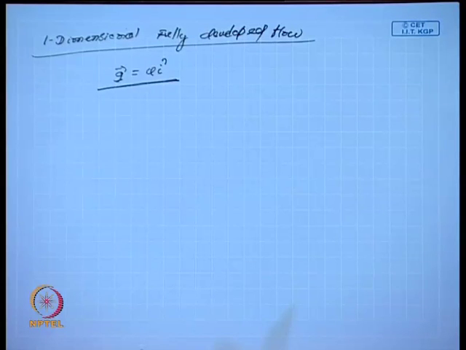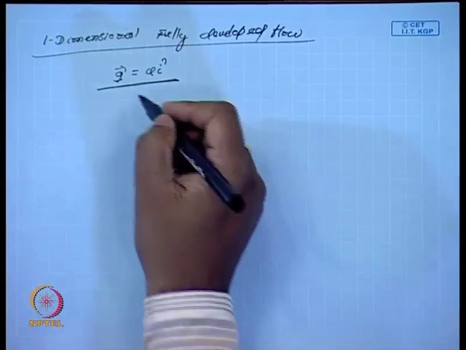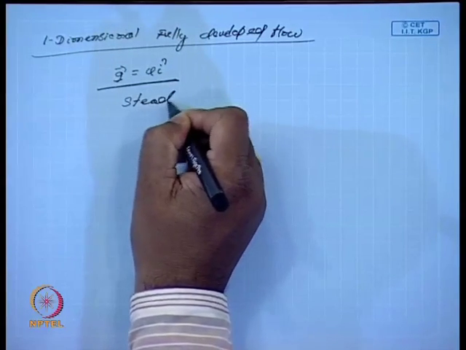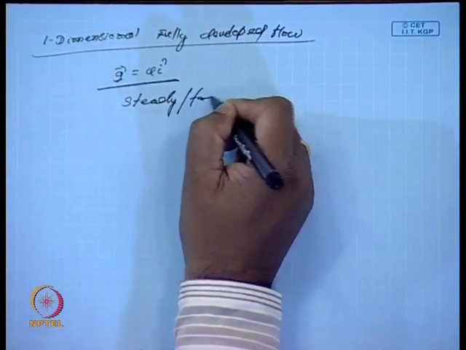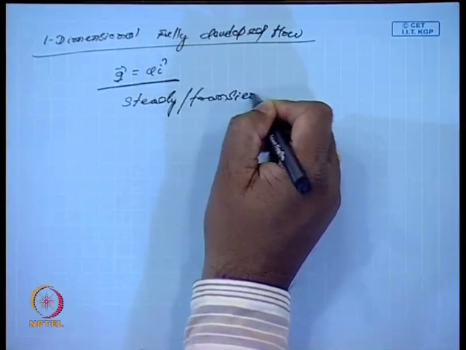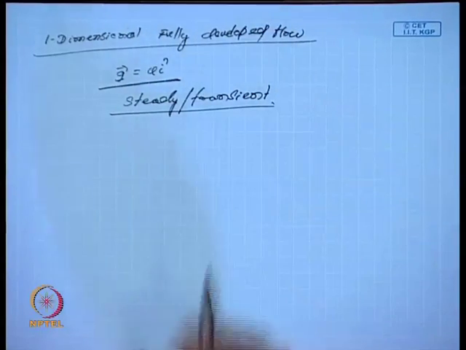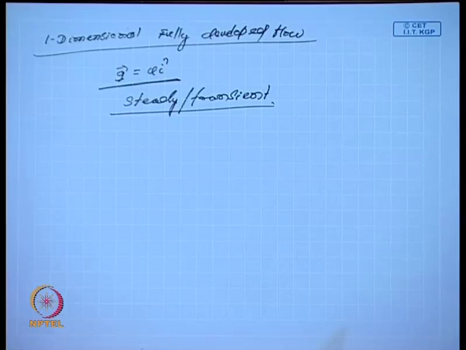And there are other flows, some of the cases where we may look into problems where the inertia terms may be retained. So, this comes under this category of flow, and again when we look into this we have two classes of problem, one is steady, one is transient. In case of steady flow it is time independent, whereas in case of transient flow it is time dependent with an initial value being prescribed.